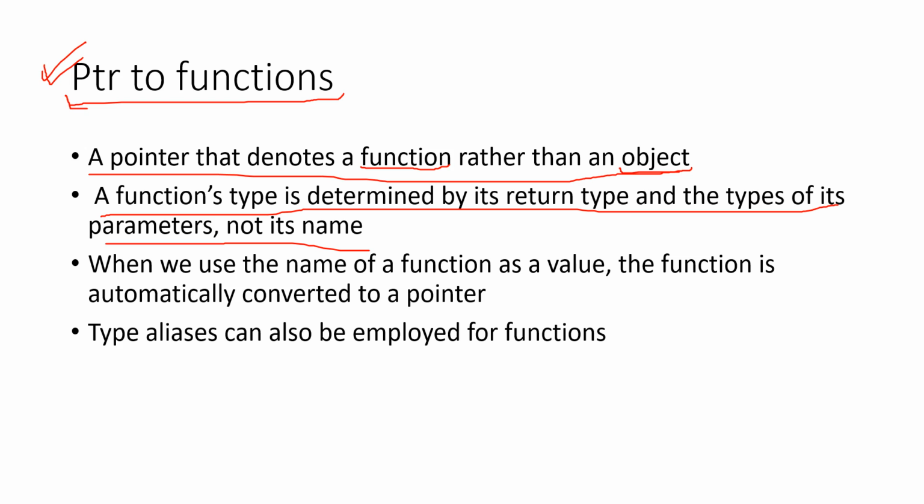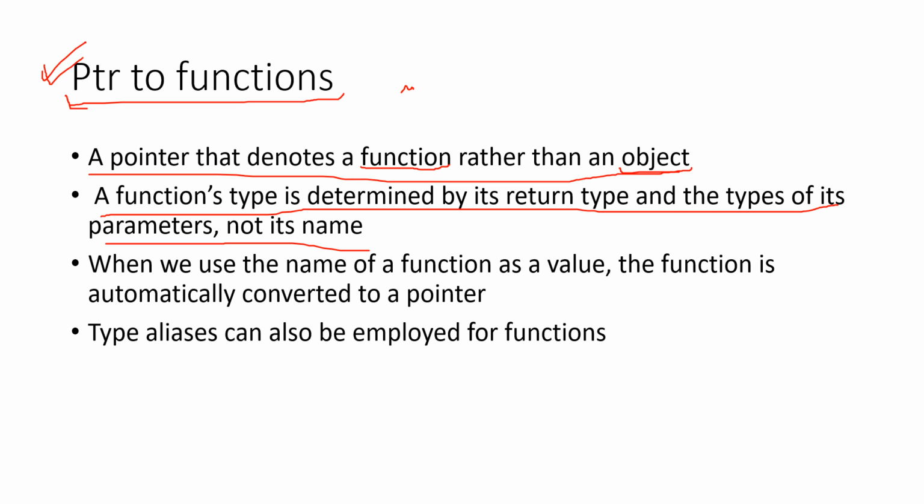Whenever you are denoting pointers to an object, the base type of the pointer is the data type. The type of the pointer is thus determined by the data type which has been written before it.